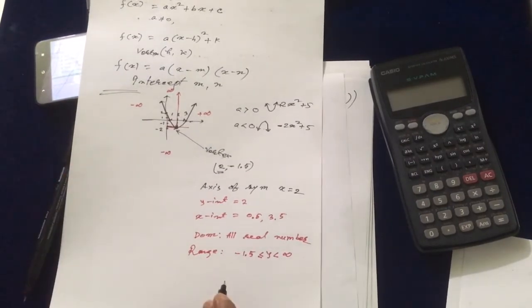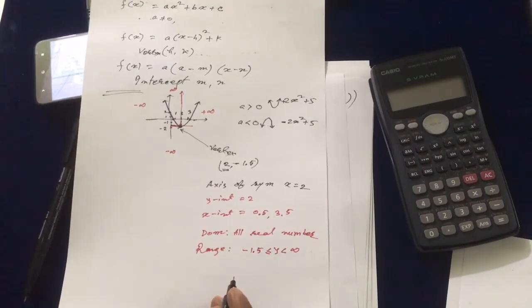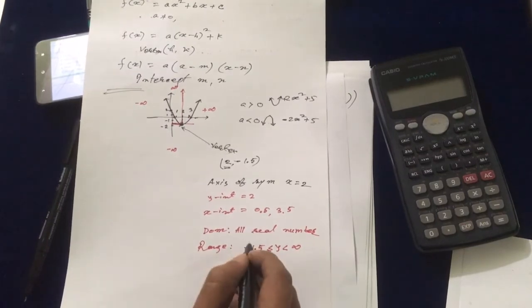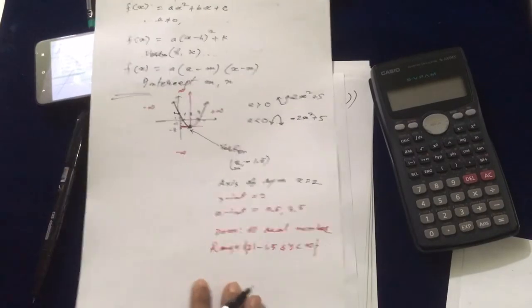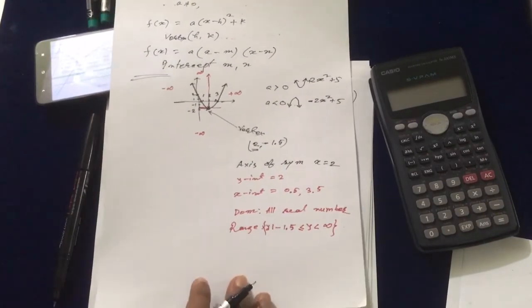This is the range. The range is from minus 1.5 to infinity. Now I can write it this way also, just to make it more formal and look better.